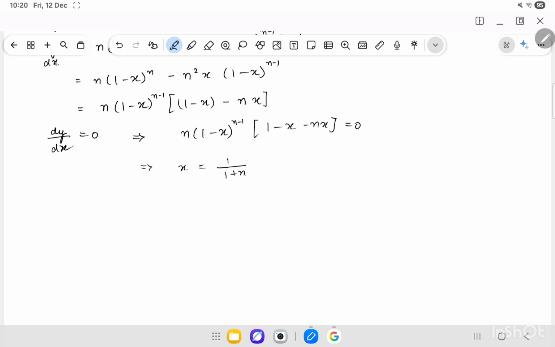Now let's check if at this point the function is attaining a maxima or minima. To do that we need to evaluate d square y by dx square.